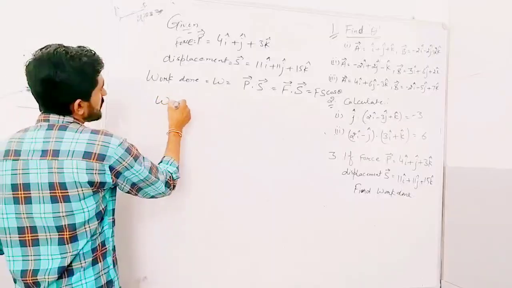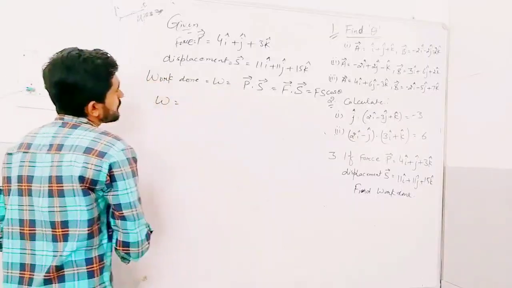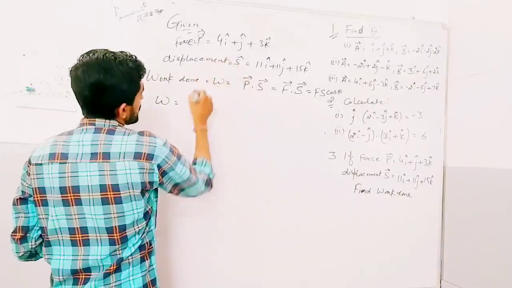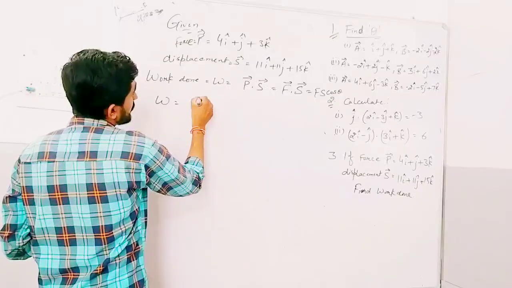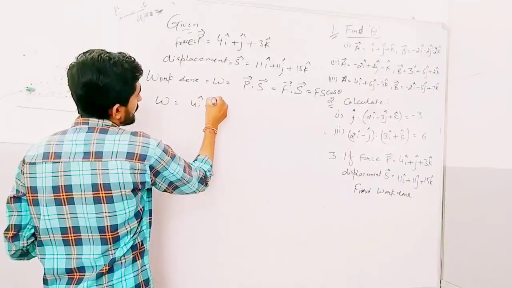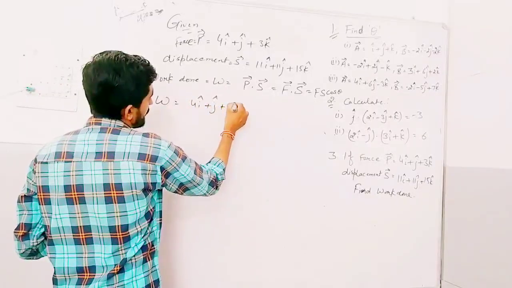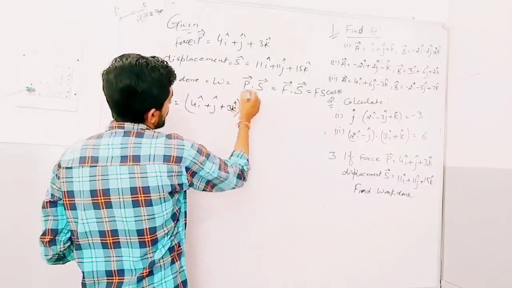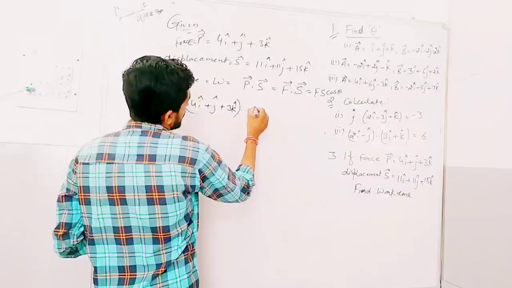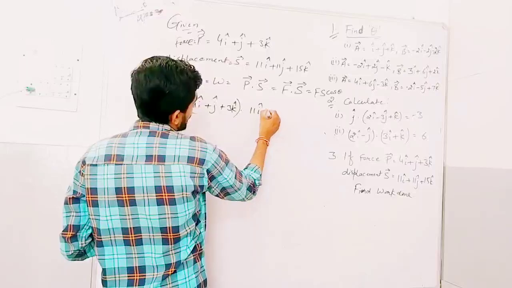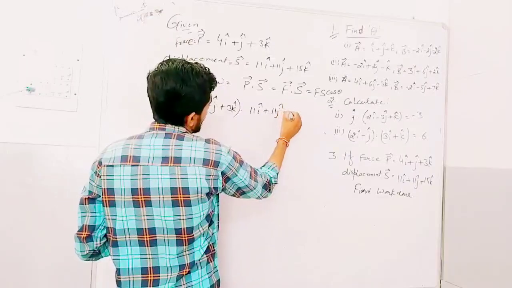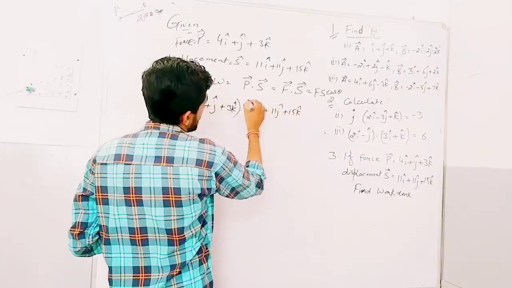Then work done W will be the force 4i cap plus j cap plus 3k cap, dotted with the displacement 11i cap, 11j cap and 15k cap.